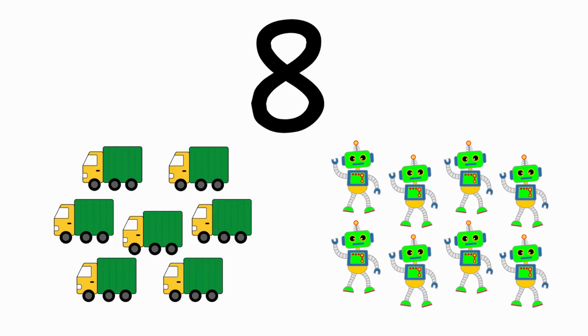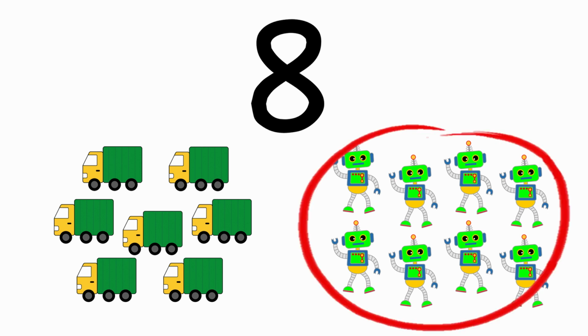Awesome job, friends. Okay, now I'm going to show you 2 different pictures, and you have to circle the one that shows 8 objects. You can use your magic finger. Which one shows 8 objects? If you chose the robots, you are correct.